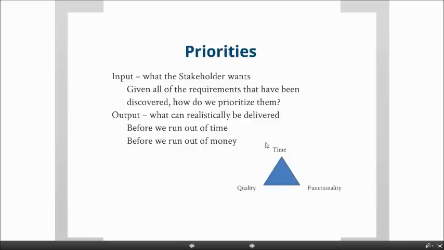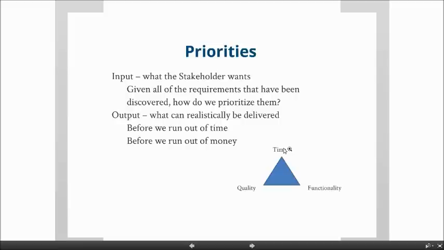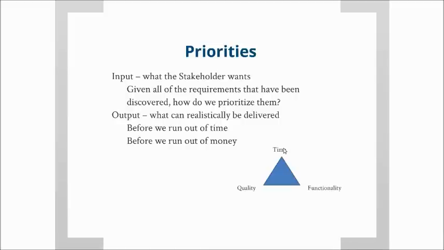So all these are related. Another term to call it is they are sliders, but the customer can own two. And this is something you need to understand. If you're going to be leading projects, this is an expectation that you set up front, and when all the requirements are defined, when they are prioritized, then you sit down with the customer and you draw time, quality, and functionality in a triangle on the board, and you say, okay, here's something we need to understand.